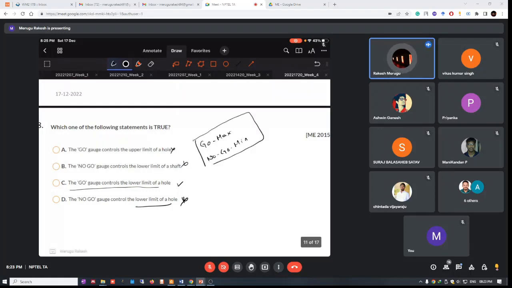Small disclaimer: this is only for hole. Do you realize this is for hole? So means, sir, for shaft, it will also be maximum material limit only, sir, for go gauge. For shaft, it will be upper limit of the shaft, no, sir, for go gauge. Yes, that's right. This is wrong.